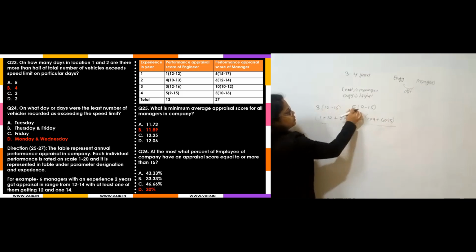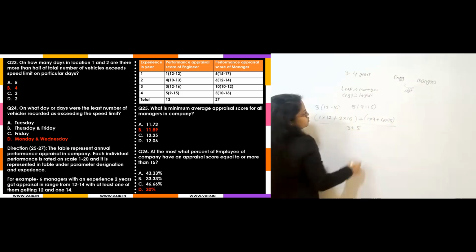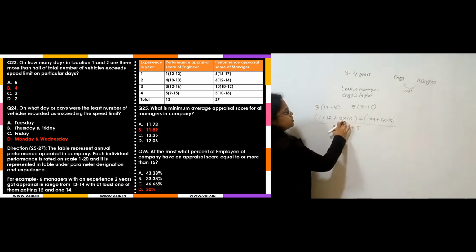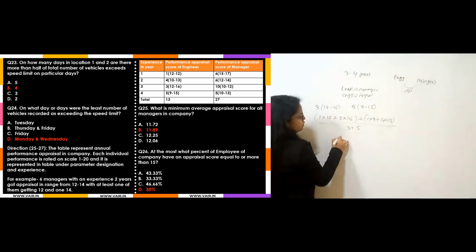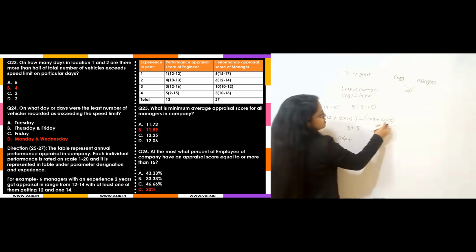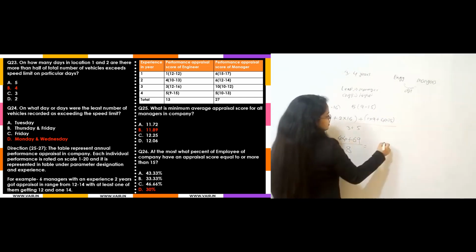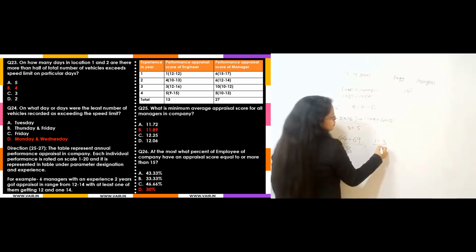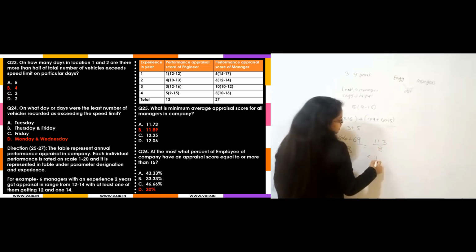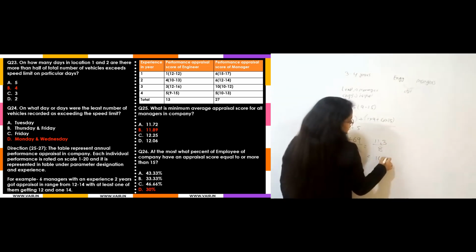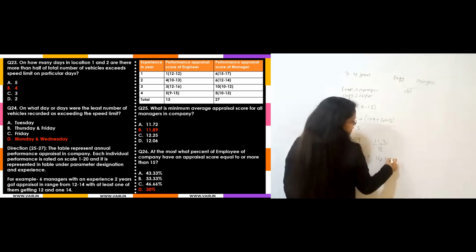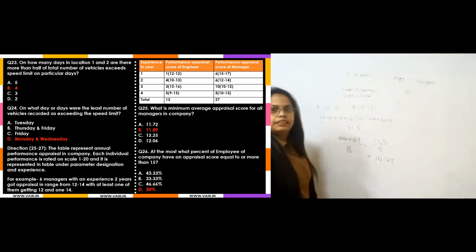Divide by total members, 3 plus 5. So what will be the sum? 16 2s are 32. 32 plus 12 will be 44, plus 15 4s are 60, plus 9, 69 by 8. That means it will be equal to 113 by 8. 8 1s are 8, 8 4s are 32. This is for the engineers.